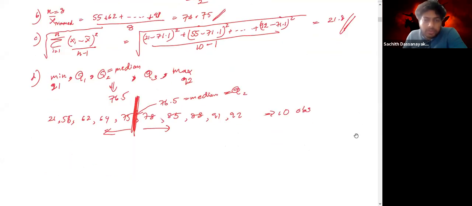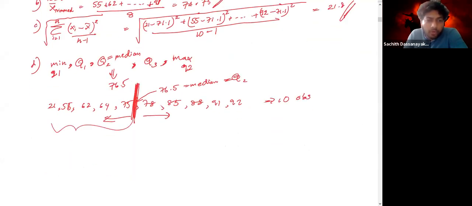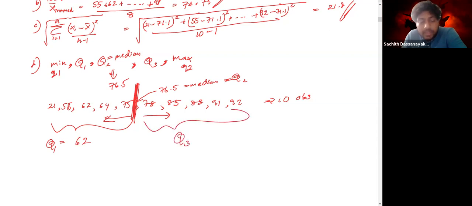Use the lower half to find Q1 by taking its median. Here the median is 62. You find Q3 using the upper half by taking its median, which is 88. Using (n plus 1) divided by 2, the third position is 88. Now you have those values.